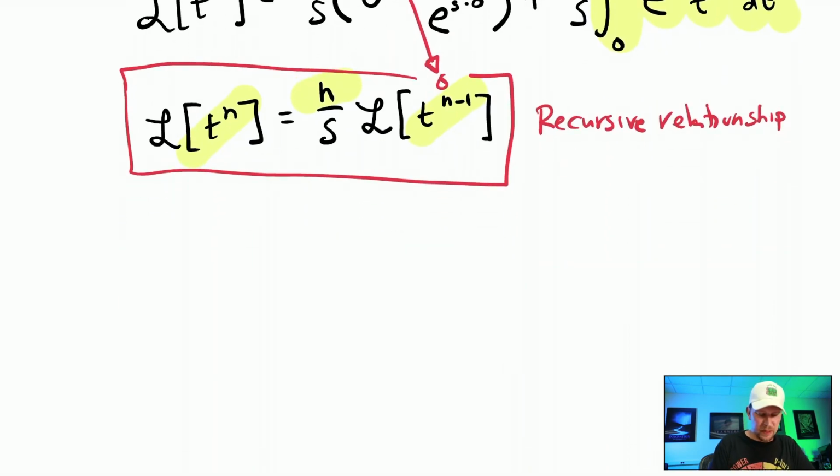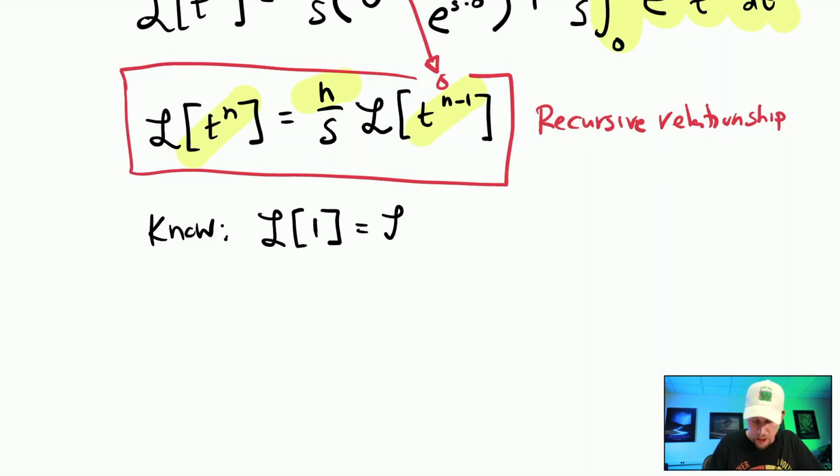And I'll go through some examples here, and then you'll be able to see how this is actually built up. So we know that the Laplace transform of 1, which is the Laplace transform of e to the 0, we found to be 1 over s. Now, the Laplace transform of t, right?